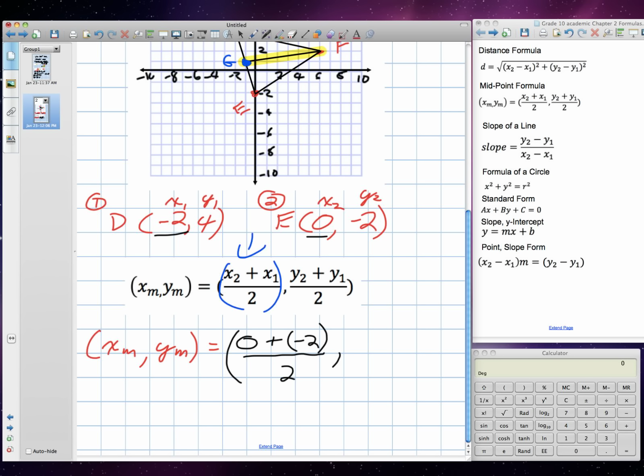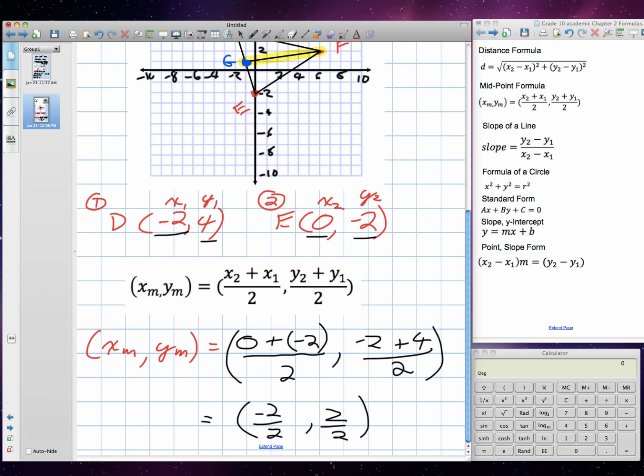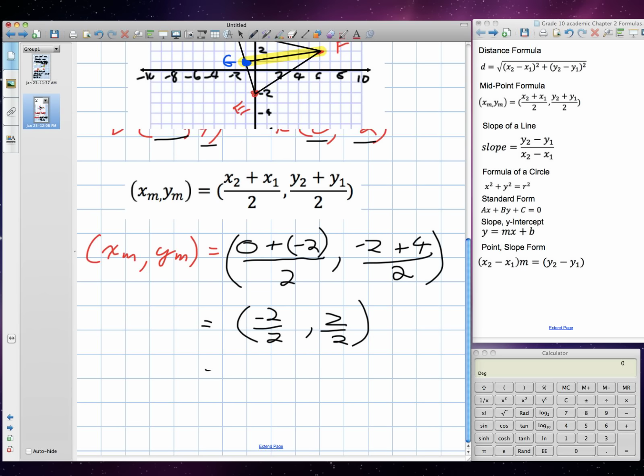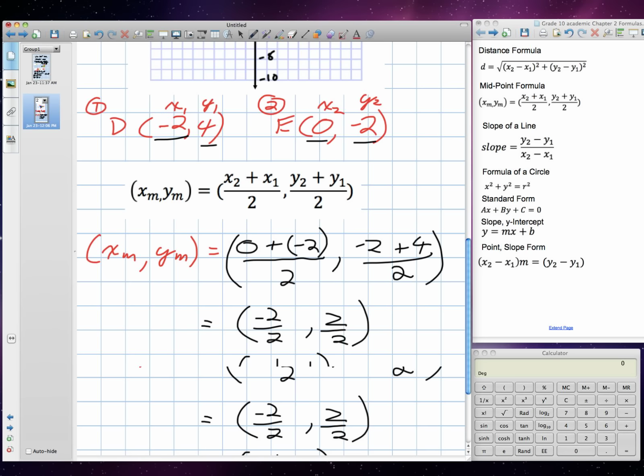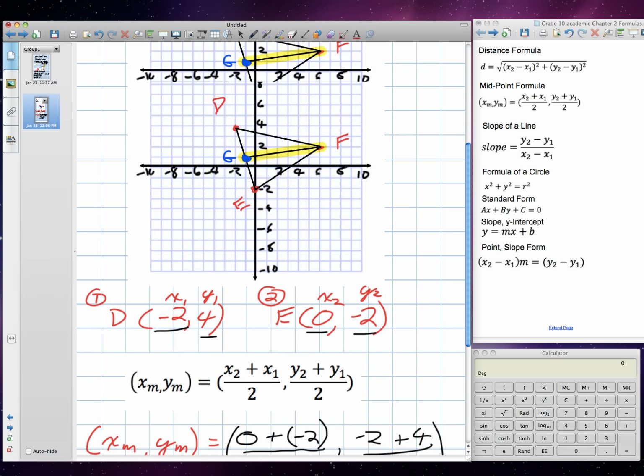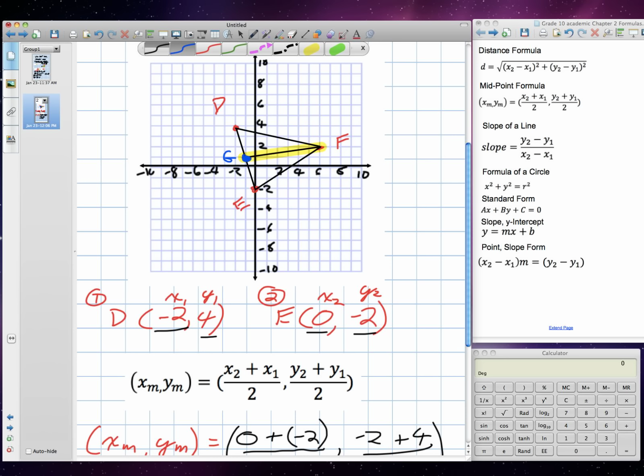This solves for the y point of the midpoint. We do not combine these. y2 is -2, and y1 is 4, divided by 2. We're going to get -2 divided by 2 over 2 divided by 2, which is -1 and 1. Okay? So G, we've now discovered, and that looks pretty much where we drew it, is -1 and 1.